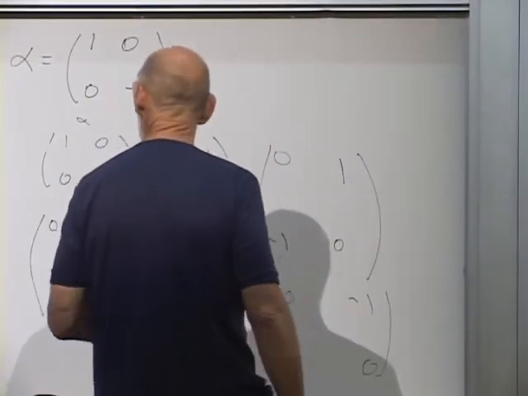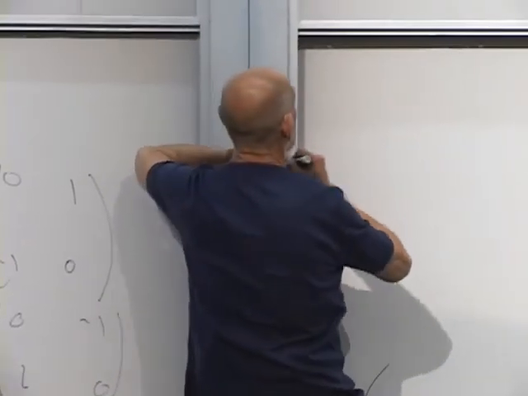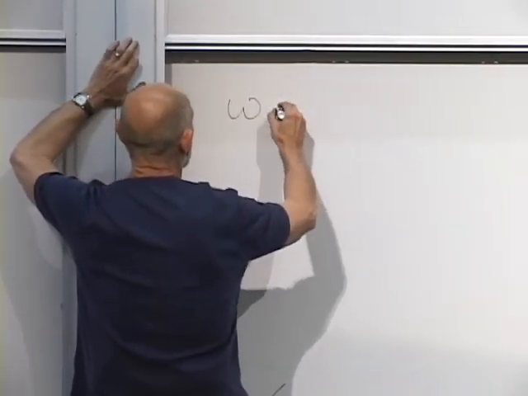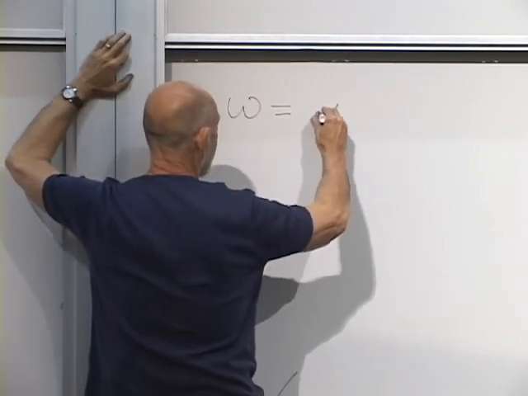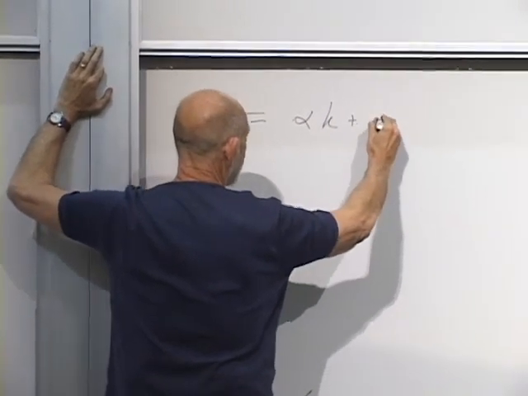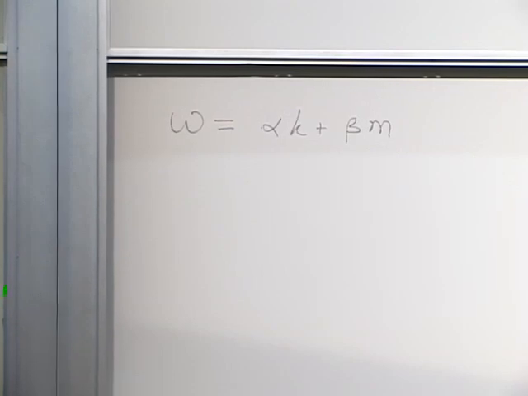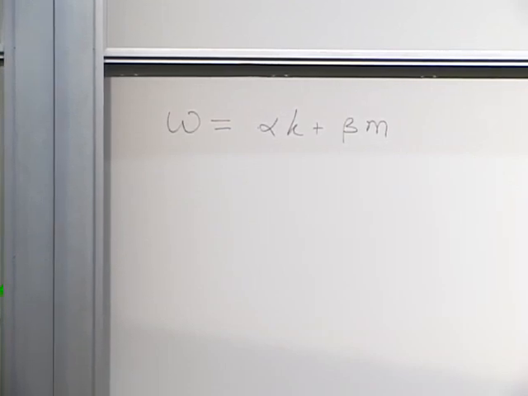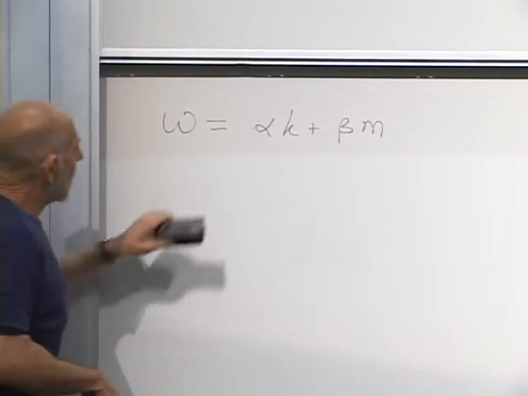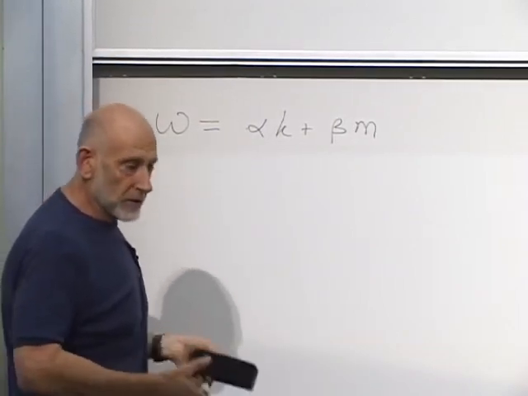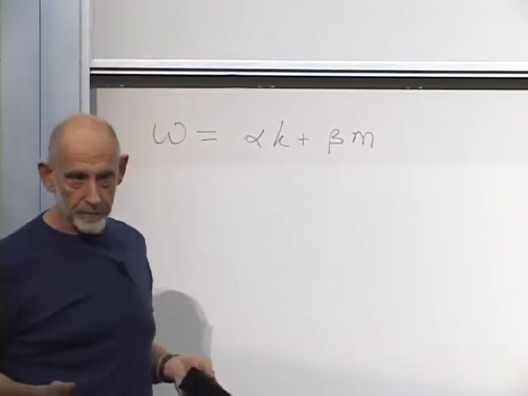To let the momentum be equal to 0, where is our equation? Our equation was omega equals alpha k plus beta m. Let's just manipulate it at this level first, and then we'll write down what the equation of motion is. To set the electron to be at rest, that's the same as setting its momentum to be equal to 0.